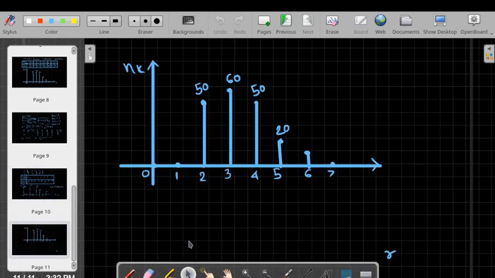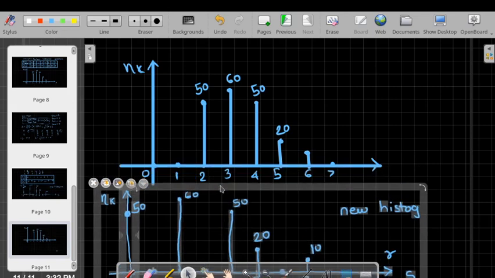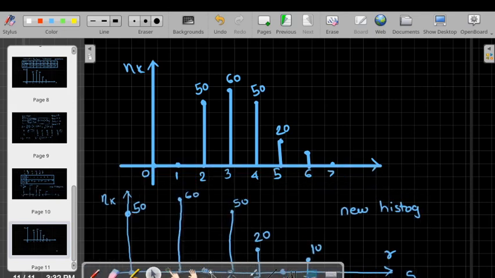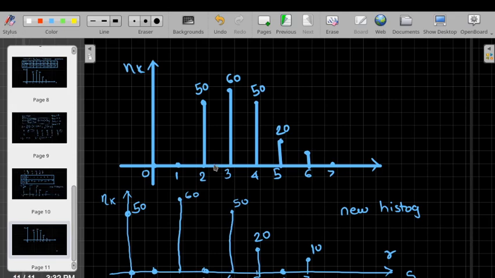And this is our new histogram. So if we compare here, you can see that the shape of the histogram is maintained as it is. So initially we are having the shape like this. Our histogram has this particular shape in our original image.